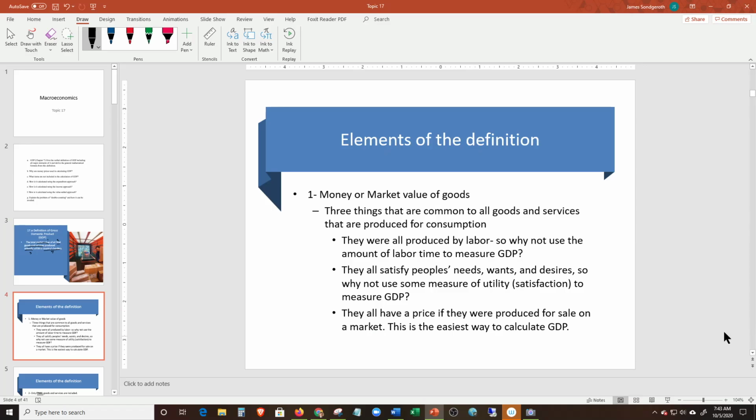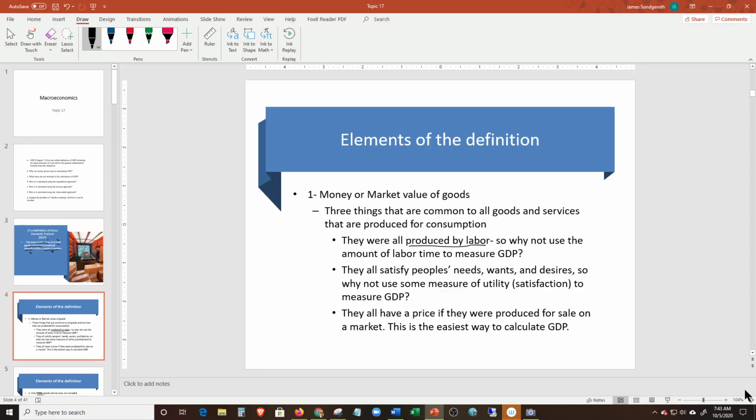So let's go to the money or market value of goods, because there are 2 alternates that we might choose instead of using the money value of all final goods and services. One of the most obvious ones is that they were all produced by labor.